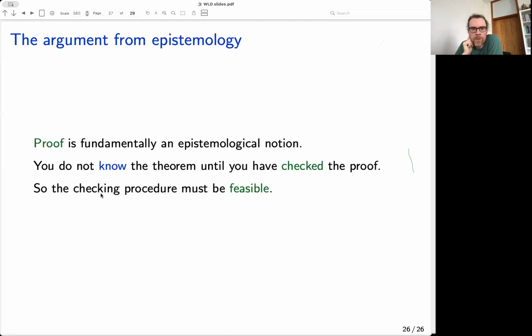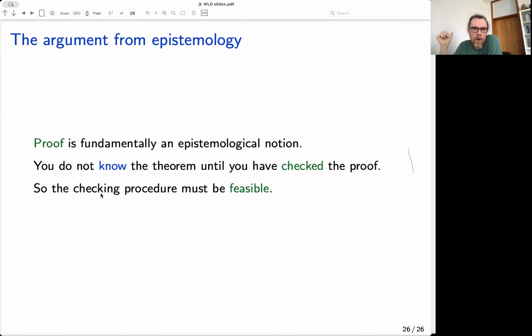The proves-too-much point is this: suppose we grant what's just been said. You can't know the theorem until you check through the proof. Well, in that case, for you to know a theorem, you don't have to construct the proof. You just have to have a proof and check it. But still, the proof has to have come from somewhere.